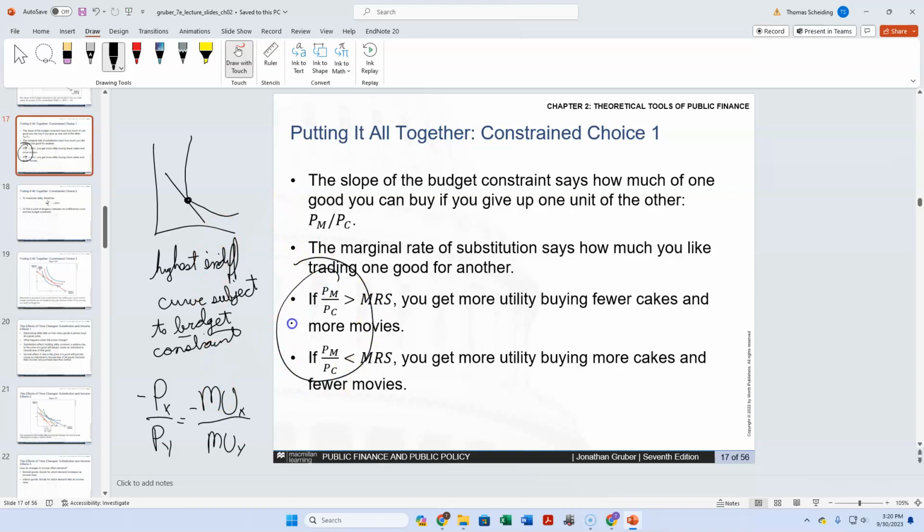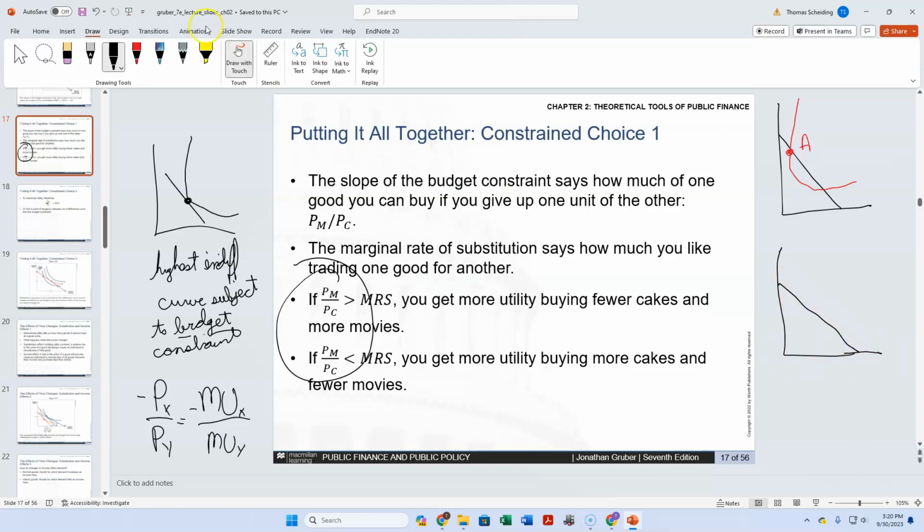At these points, we can say, for instance, why wouldn't it be A? And why wouldn't it be B? Well, the first thing we could say is that we're not on the highest indifference curve.